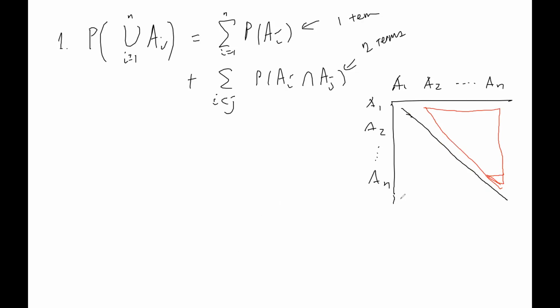You only consider this part because this part is redundant. A1 intersect A2 and A2 intersect A1 are the same thing, right? So you only need to consider this bit. And then you notice that, sorry, this is a minus.